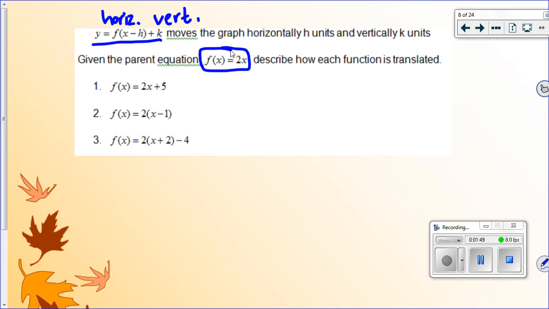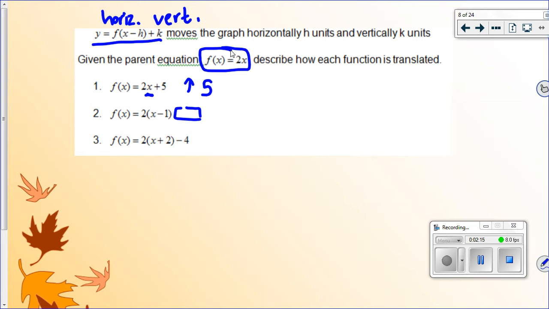So if we look at this first equation, f of x equals 2x plus 5, it doesn't look like I have anything added or subtracted from my x, so it looks like this is just a vertical translation. So I'm adding 5, which is going to be an upward translation. So it looks like I went up 5 units. So my translation was up 5 units. Now if I look at the next one, there's nothing over here.